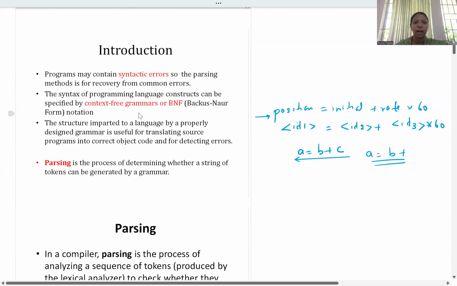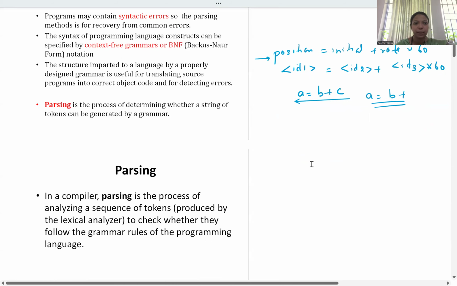The context-free grammar will be written in the form of productions, which we will be discussing after this. By this context-free grammar, we can find the rules for a programming language and whether there is any mistake.